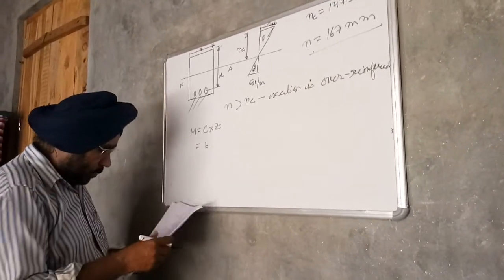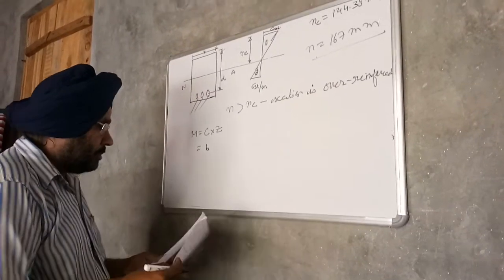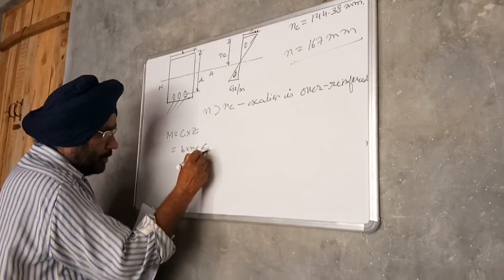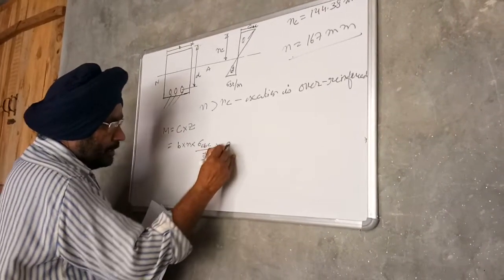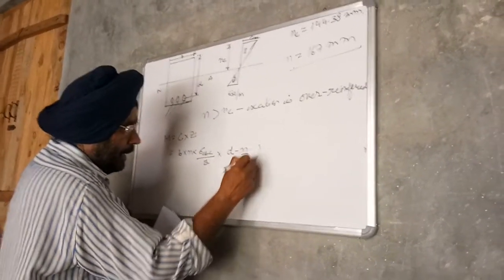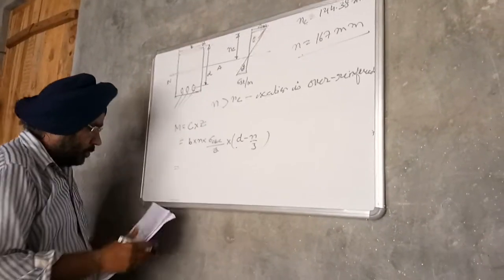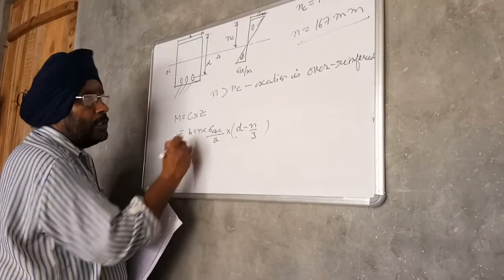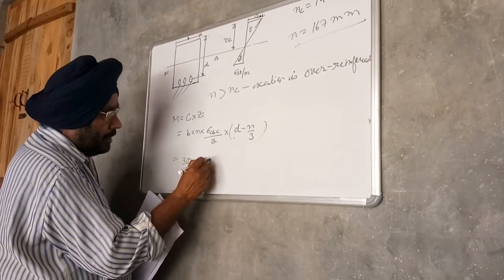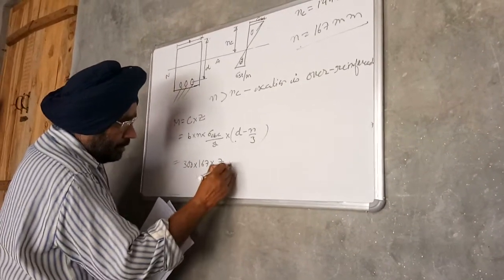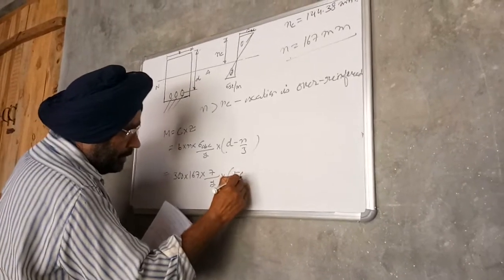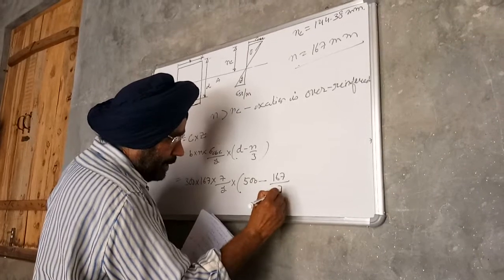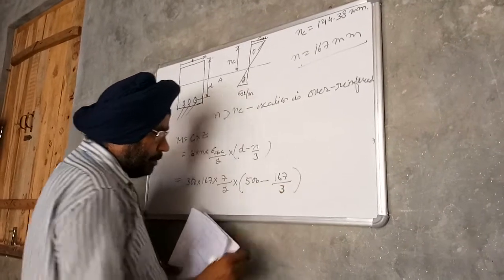So this is equal to b into n into sigma cbc by 2 into z, that is d minus n by 3. B is 300, depth of the actual neutral axis is 167, sigma cbc is 7 by 2, into d 500 minus n by 3, 167 upon 3.